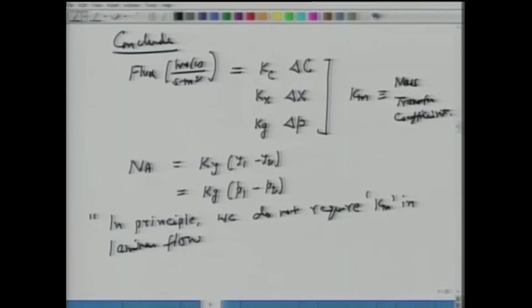So in those cases where the velocity profiles are well known, there is no need to define Km to calculate molar diffusion flux. We do not require Km in laminar flow because molecular diffusion prevails in such flow.